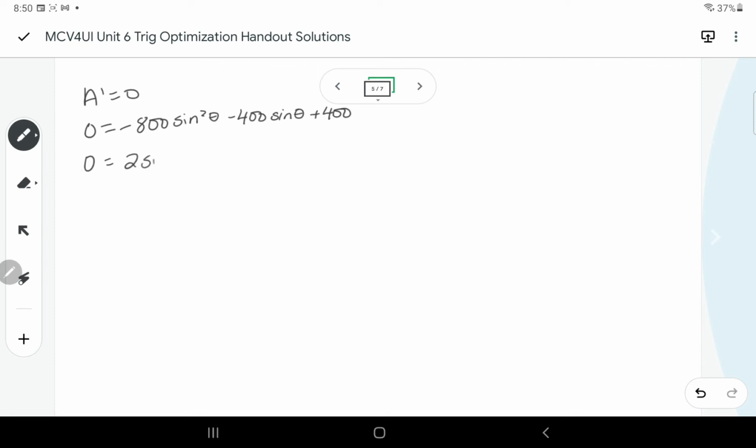So I'll get 2 sine squared theta plus sine theta minus 1. So I'm just dividing the whole thing by negative 400.